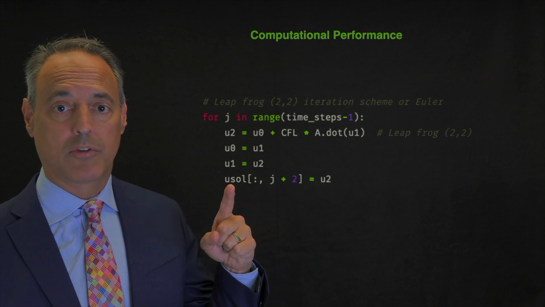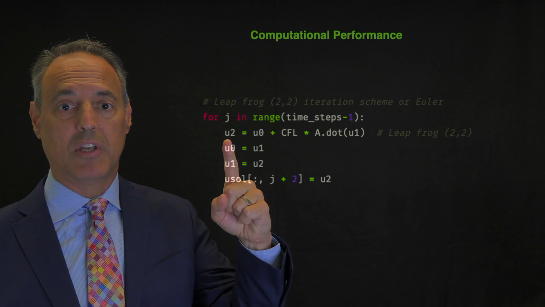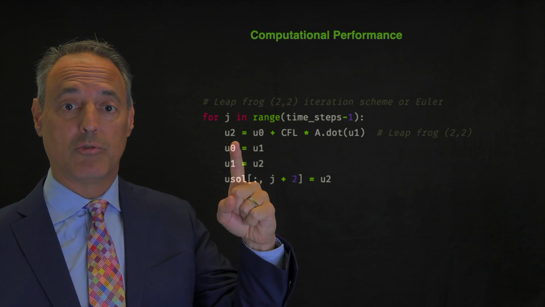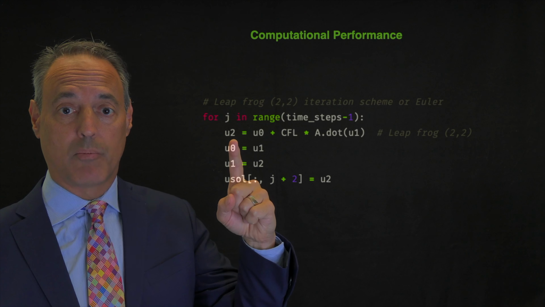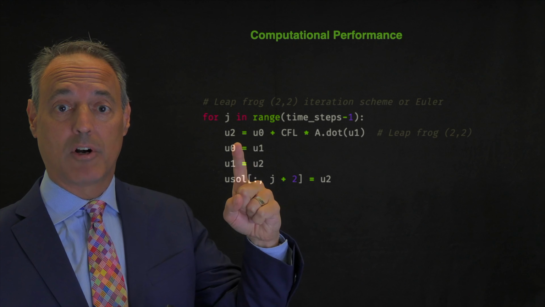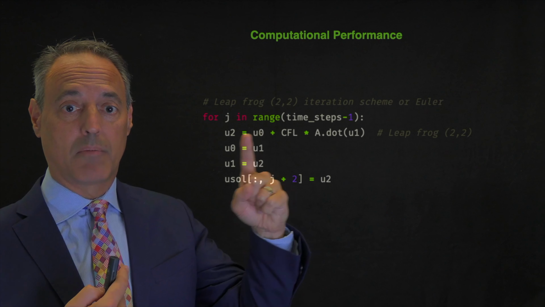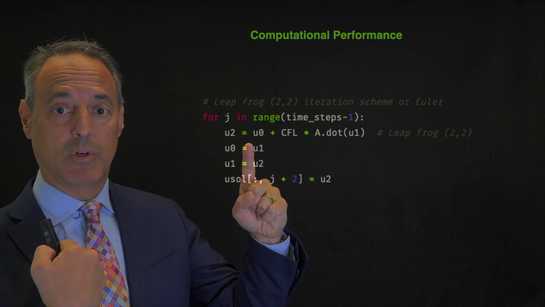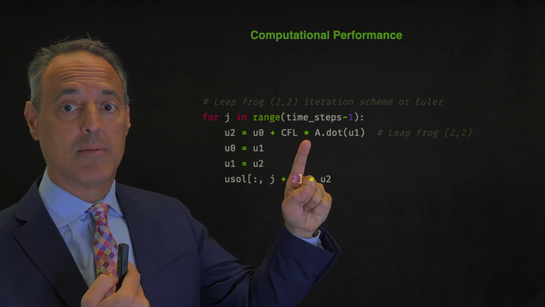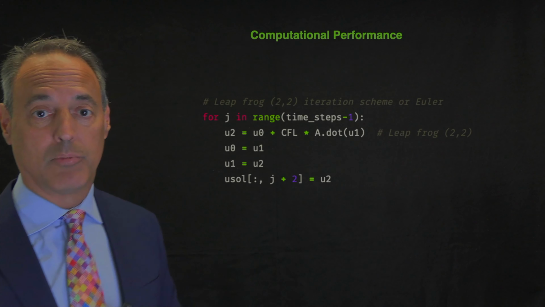So I'm going to work this through, and this here is my scheme. This solution at U2, which is the future point, depends on 1 time point ago. This is leapfrog, remember? Leapfrog says my current time point is U1. So I predict U2 by using U0, 1 time point ago, plus the CFL number times A times U1, and A gives me my neighbor contributions.